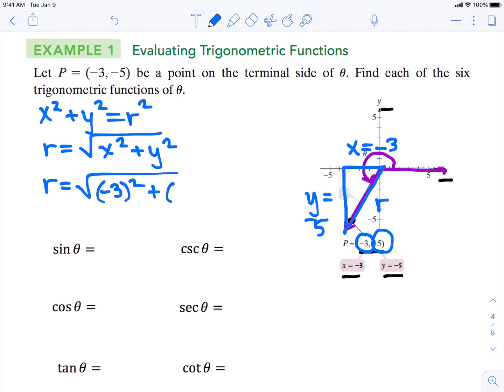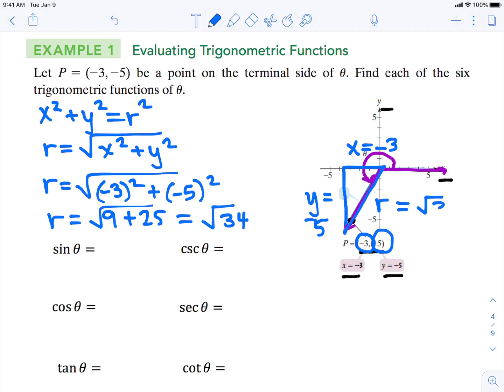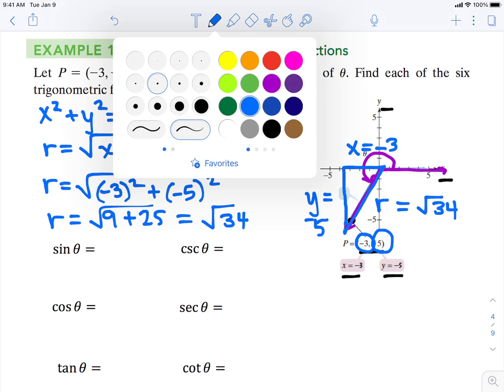The y was -5, so -5 all squared. Simplify, 9 plus 25 is the square root of 34. So I'm going to go ahead and write that over here. We do want you to leave it in exact form. So now we found the x, the y, and the r.